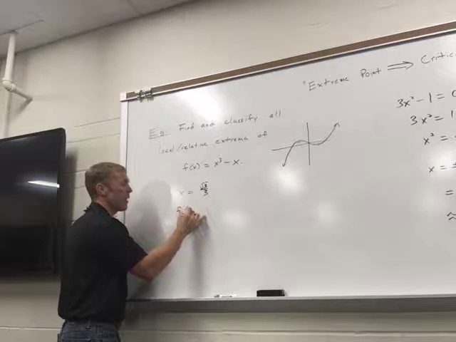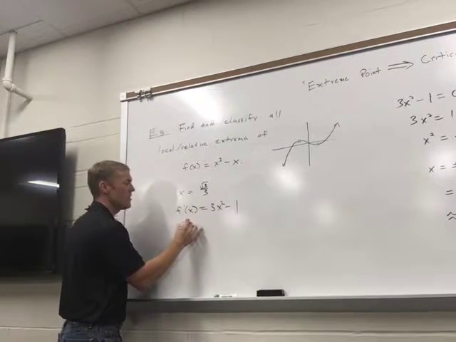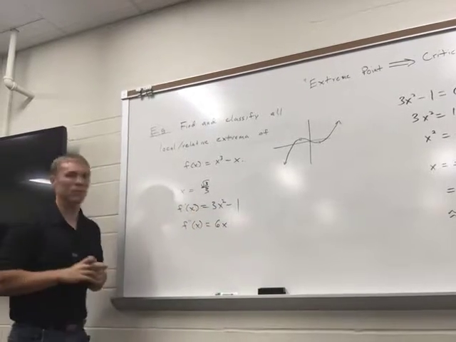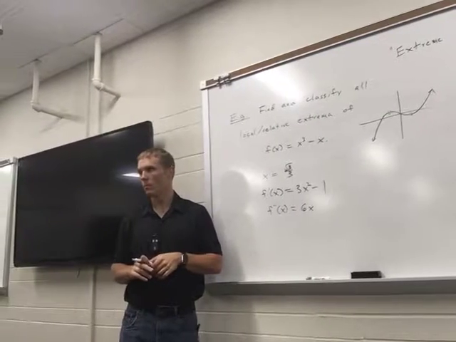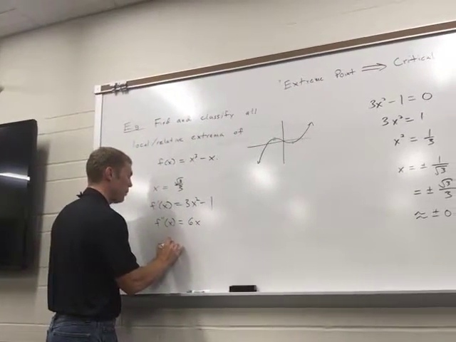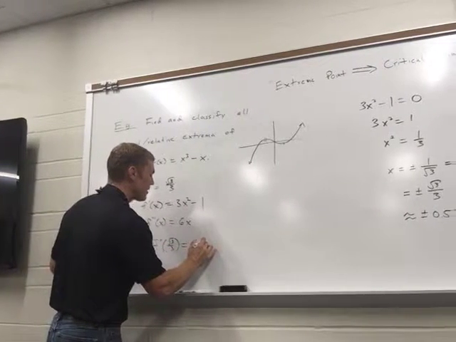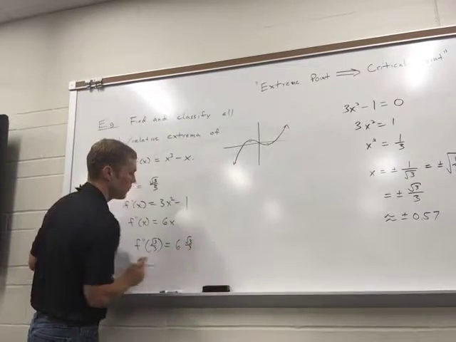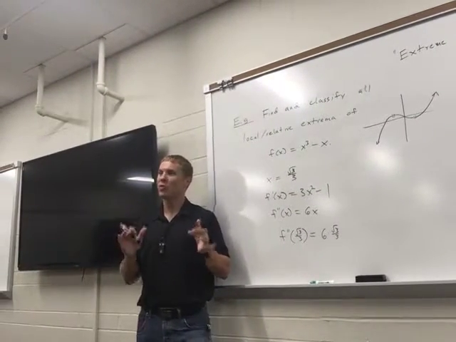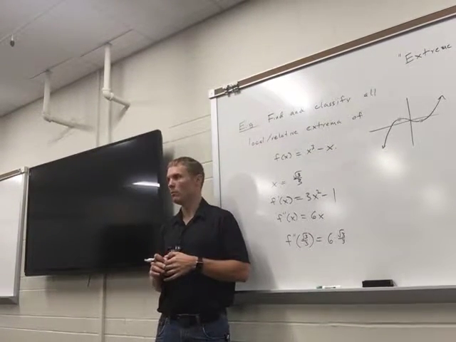Recall we had f prime of x equals 3x squared minus 1. What's the second derivative then? Well, a quick calculation gives me 6x. So f double prime of root 3 over 3 equals 6 times root 3 over 3, which I don't care what the value is. All I care is if it's greater than 0, less than 0, or equal to 0.